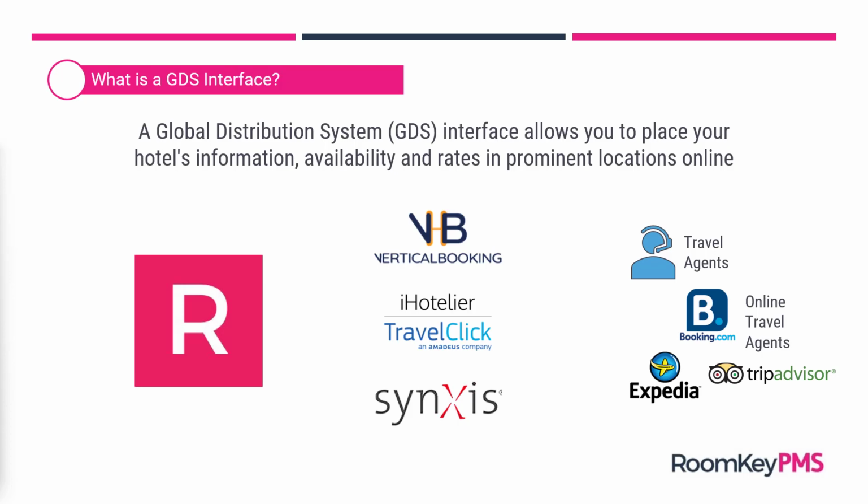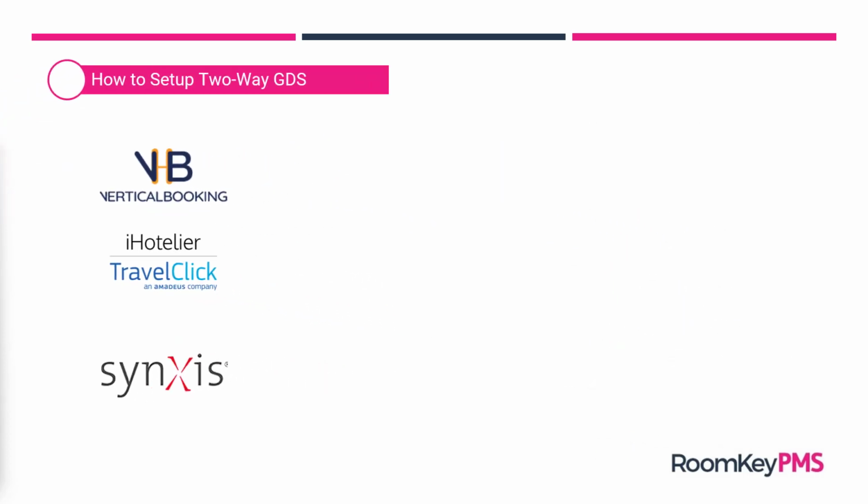So as we go through the presentation today, we'll be talking about these specific connectivity partners: Vertical Booking, iHotelier TravelClick, and SynXis. So let's take a look at the setup for these types of two-way GDS interfaces.